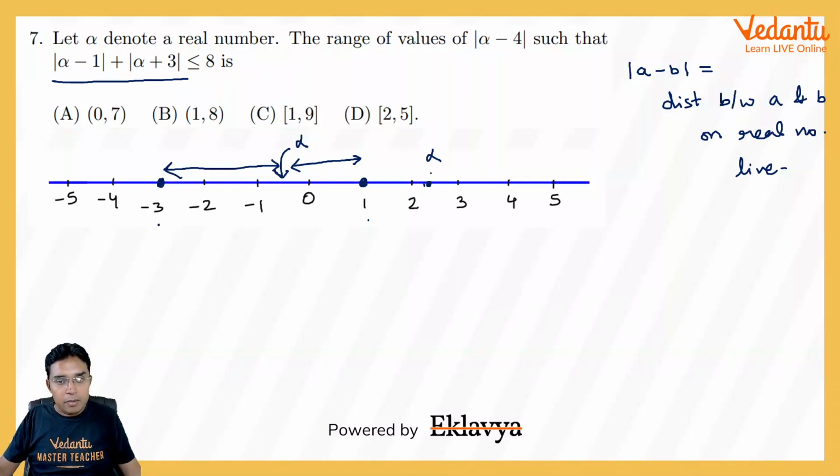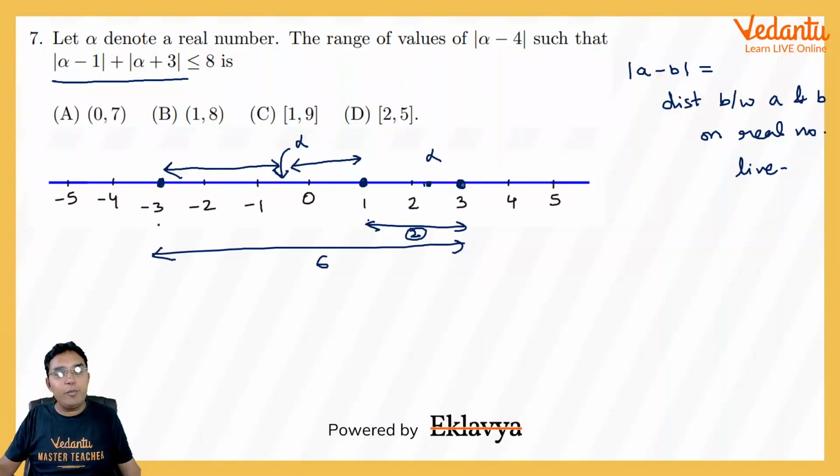So I think at most I can increase this alpha to be 3 only. Why am I saying 3? Because then the distance from 1 will be 2 and the distance from minus 3 will be 6, and these distances are getting added, so that is the maximum possible value of alpha that we may have.